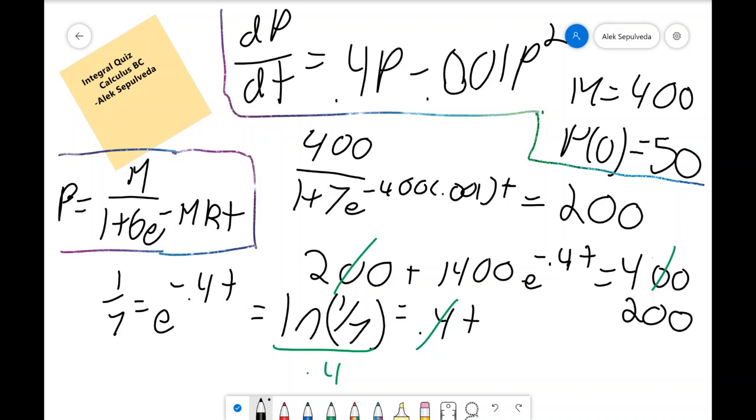When you do this value out in a calculator, you end up getting a really small number, 0.77836, and that is our answer for C.